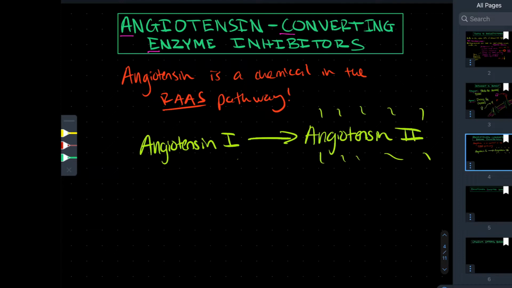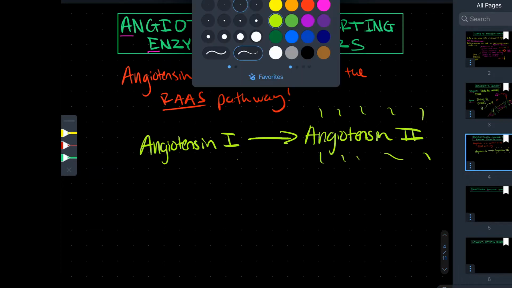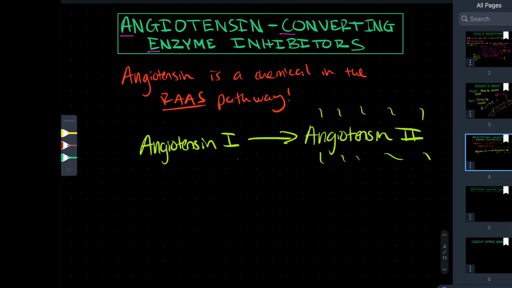So what an ACE inhibitor does: the process of getting from angiotensin 1 to angiotensin 2 is done by an enzyme called angiotensin-converting enzyme. I just said ACE here, so I represent that with a ball. The enzyme is what allows this process.